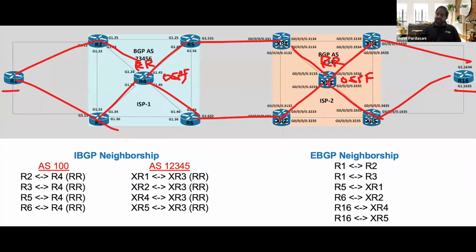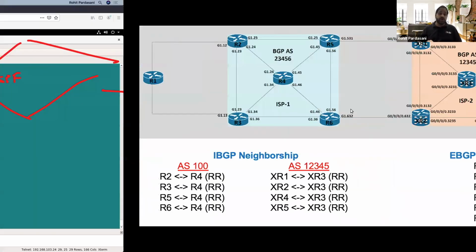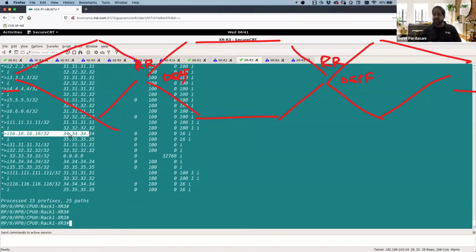Router ID. XR4 has a lower router ID than XR5 because the router ID of XR4 is 34.34.34.34, and XR5 has 35.35.35.35. So XR4 wins because of router ID, which you can see here, he is preferring XR4 as the best path.